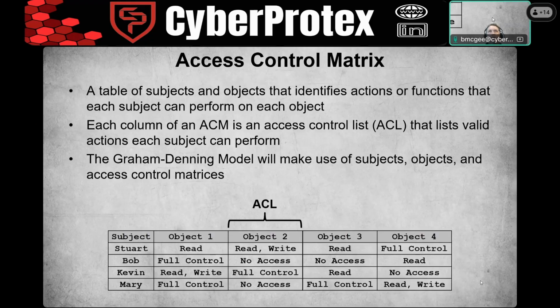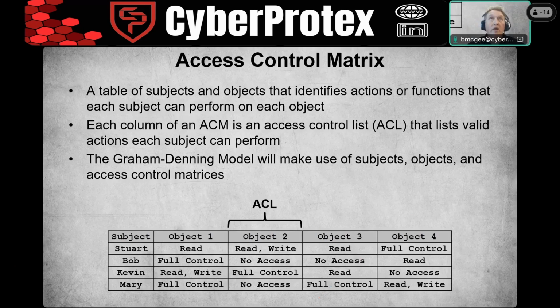The next one is this thing that's called an access control matrix. Access control matrix. And I'm deliberately going slow here, trying to make sure that I do my due diligence, because a lot of these models you'll start to see integrated into many of these other concepts that we're going to be getting through.